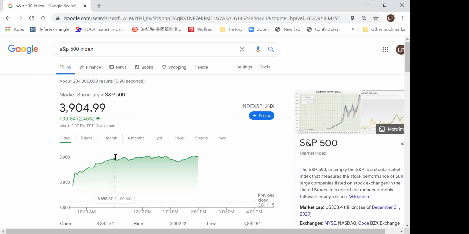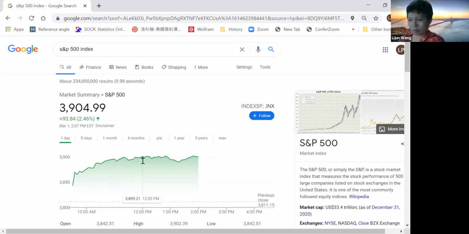Are we at 12 yet? No, we're not at 12 yet. So what is this number all about? March 1st. Oh, we're 3 hours behind. So this is Eastern Standard Time. So at 9 o'clock Pacific time, that's the index.